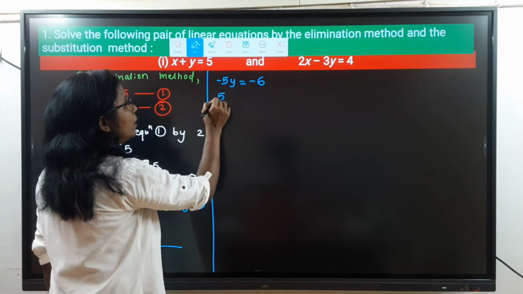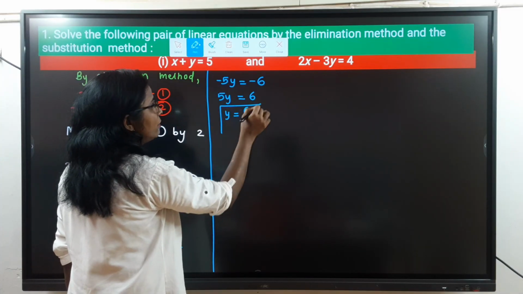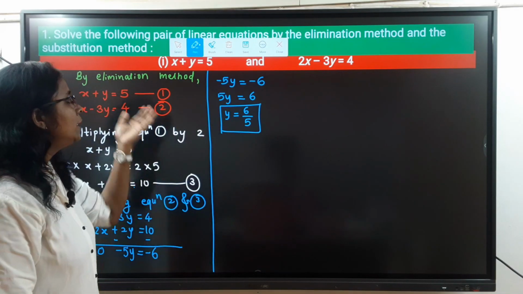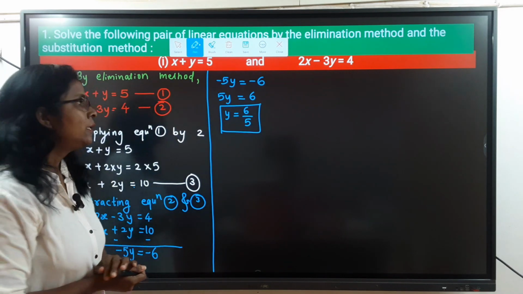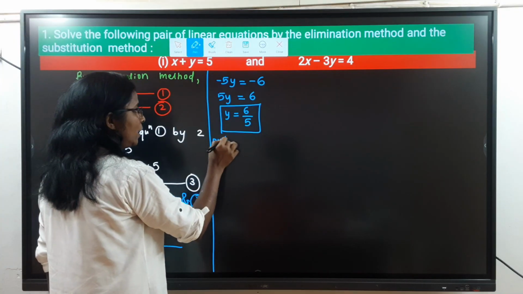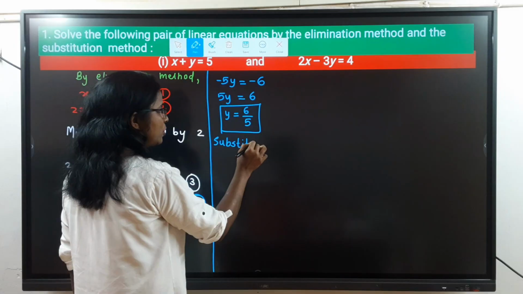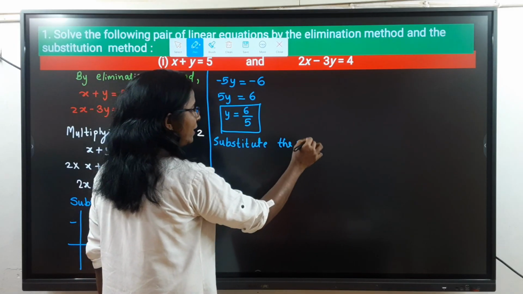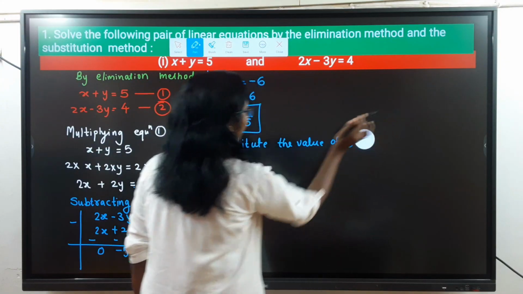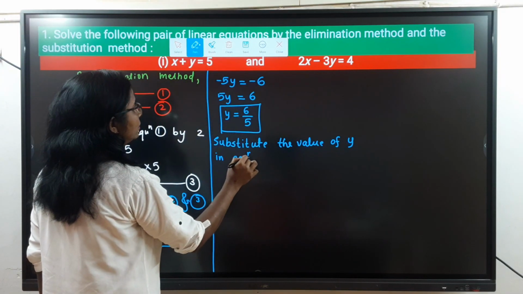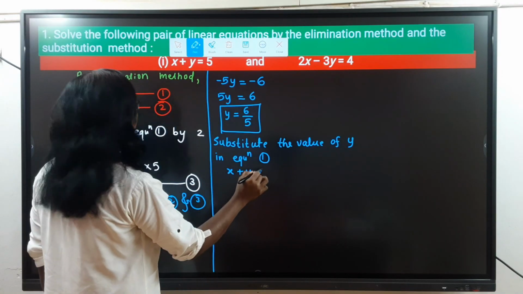Then 5y is equal to 6, so y is equal to 6 upon 5. Now we got the value of the variable y as 6 upon 5. Then we substitute the value of y in equation 1, x plus y is equal to 5.